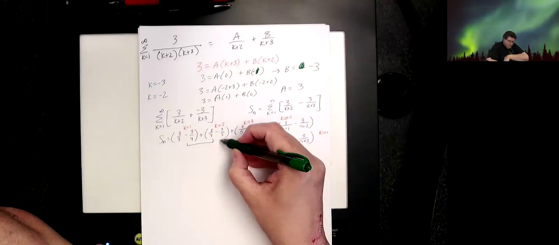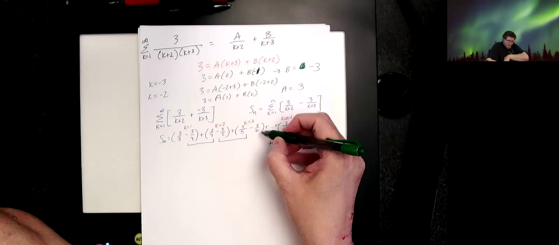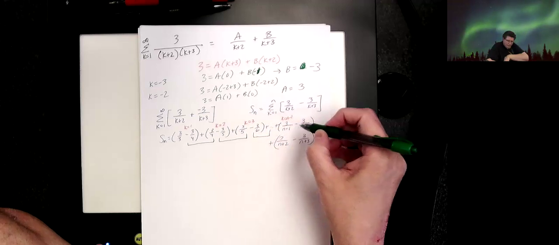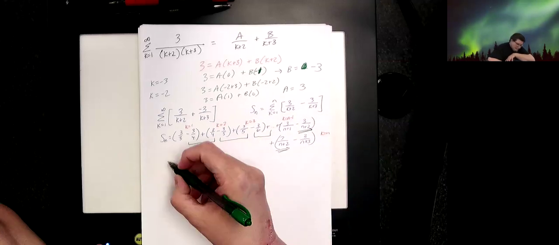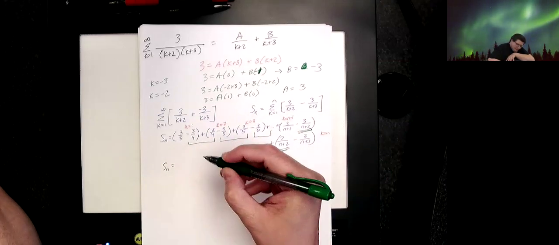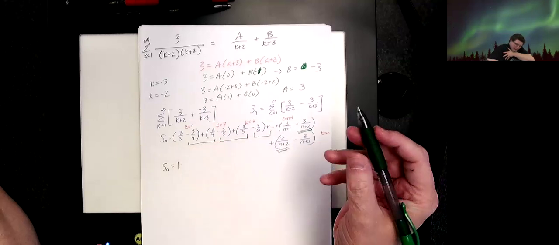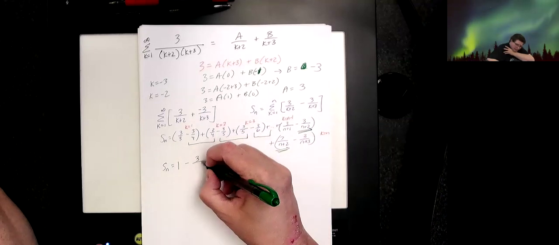So these are canceling in pairs. And S sub n reduces to 3 over 3, which is 1, minus 3 over n plus 3.